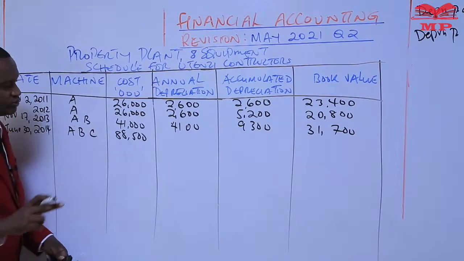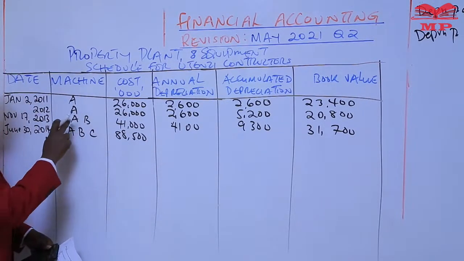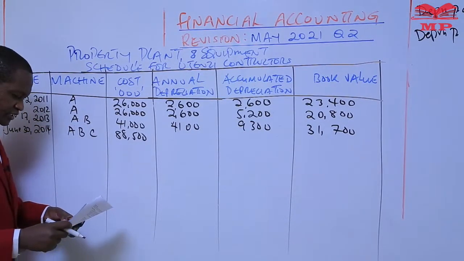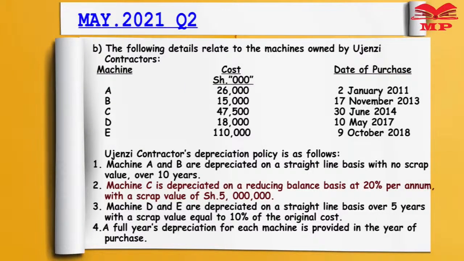We now move to calculate the annual depreciation for machine A, B, and C. We already know the annual depreciation for machine A and B, but we need to calculate it for machine C, which we read from note number 2: machine C is depreciated on reducing balance basis at 20% per annum with a scrap value of 5 million.